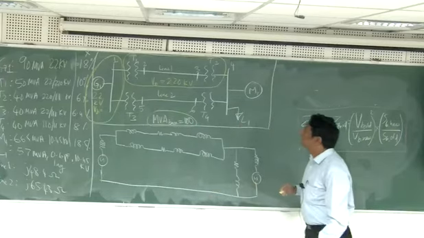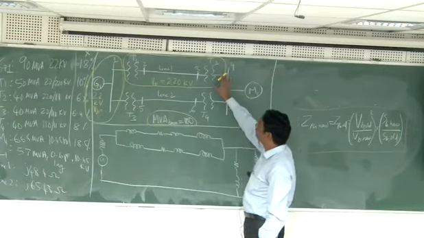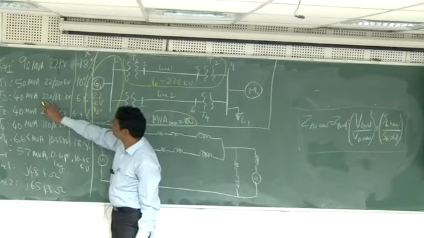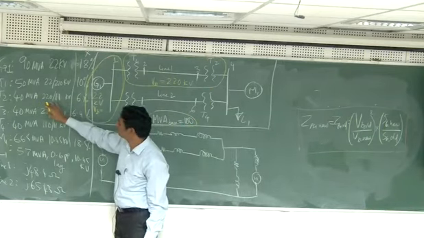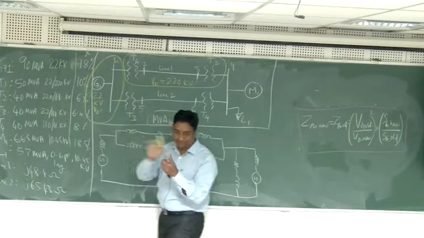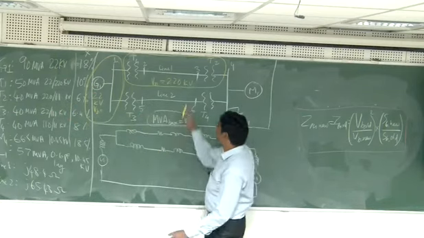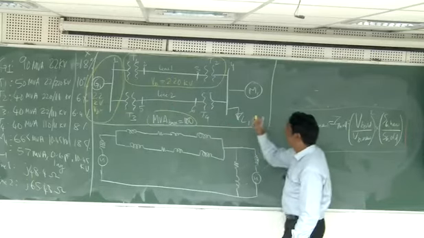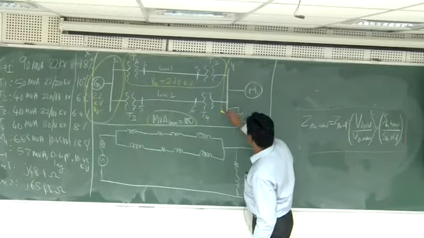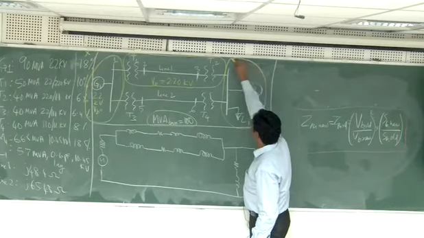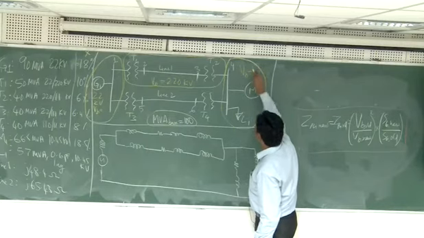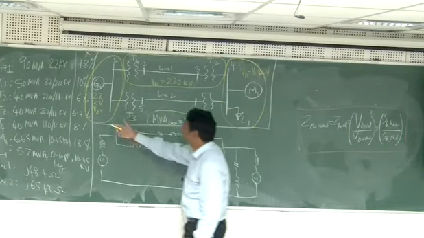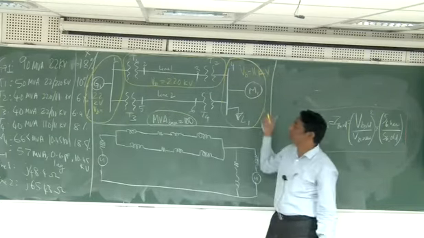Now at the T2 side, what is the ratio? 220 by 11. That means it is 20 is to 1. So whatever is there, you divide by 20 and you will get 11 kV. That 11 kV will apply for all of this region, so V base is 11 kV. Did you see how, by automatically choosing one voltage and following all the transformers, it comes out like that?